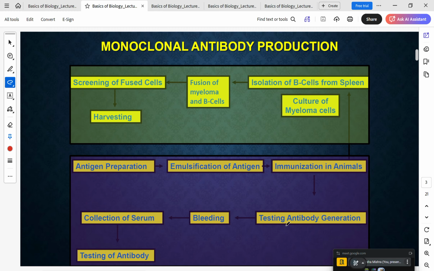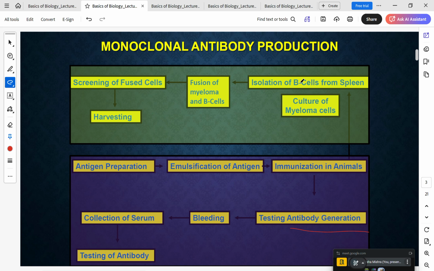After immunization, you can test whether an antibody is generated inside the animal or not. If the animal has generated an antibody, then the spleen is taken out from the animal. The spleen is rich in B cells, so you can tease out the spleen very slowly, and that will release B cells into the suspension.